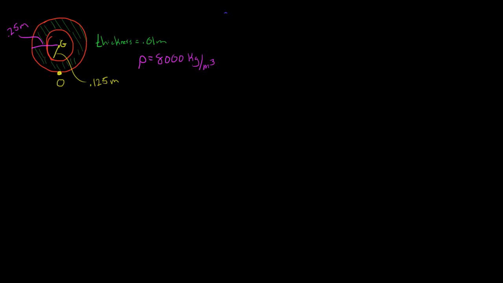However, we can use this equation for composite bodies. So if we have composite bodies, the moment of inertia of this body is going to be equal to the sum of the moment of inertia about the center of mass plus the mass times the distance to this axis squared.